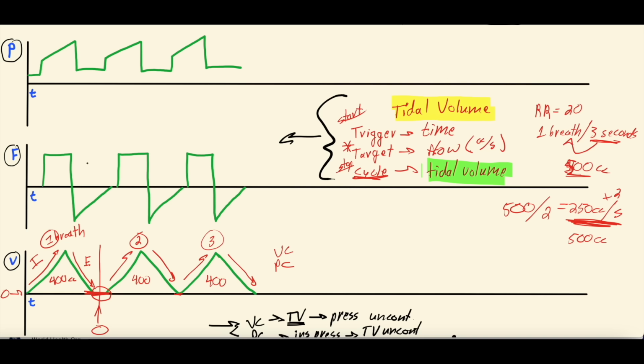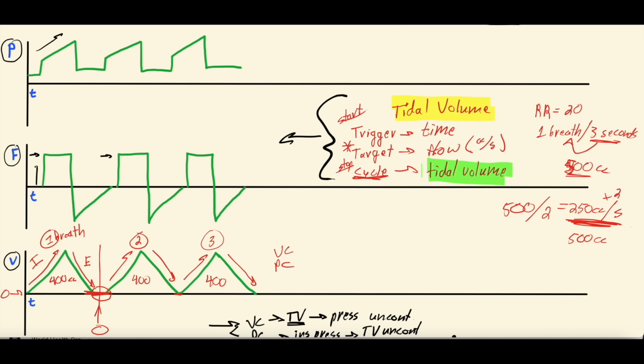And this then translates into why our pressure and flow scalars look the way they do. Because if you look over here and start with flow, what you see is flow is flat on the top, whereas pressure ramps up at the top. Now, why would that be? Because we are targeting a set flow. So over time, the ventilator says, okay, 250 cc's per second of flow.